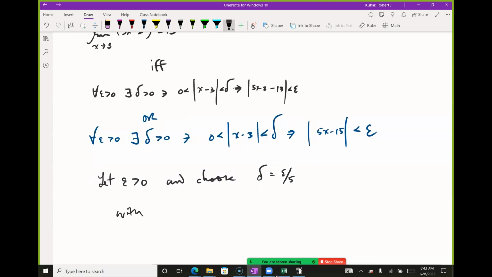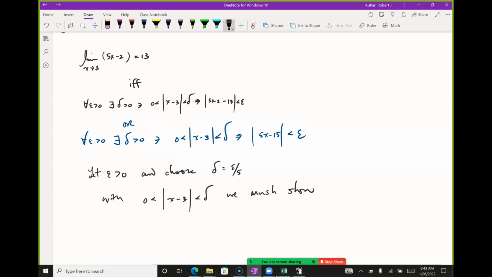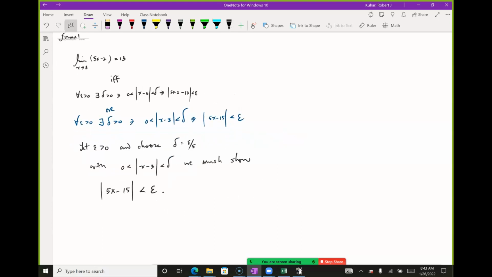With 0 less than the absolute value of x minus 3 less than delta, we must show, I've got to show that I have a donkey that can speak. The absolute value of 5x minus 15 will be less than epsilon. That's the piece I have to prove in order to verify my limit. But what can I do with that?